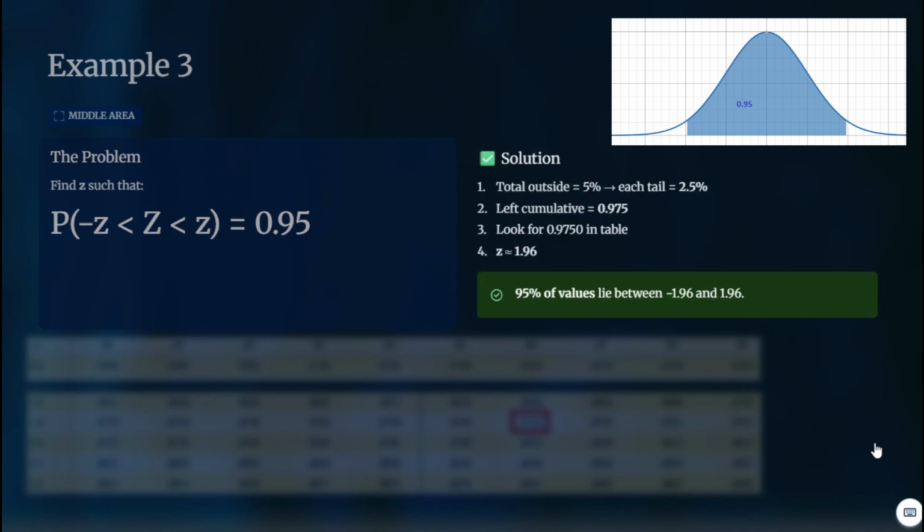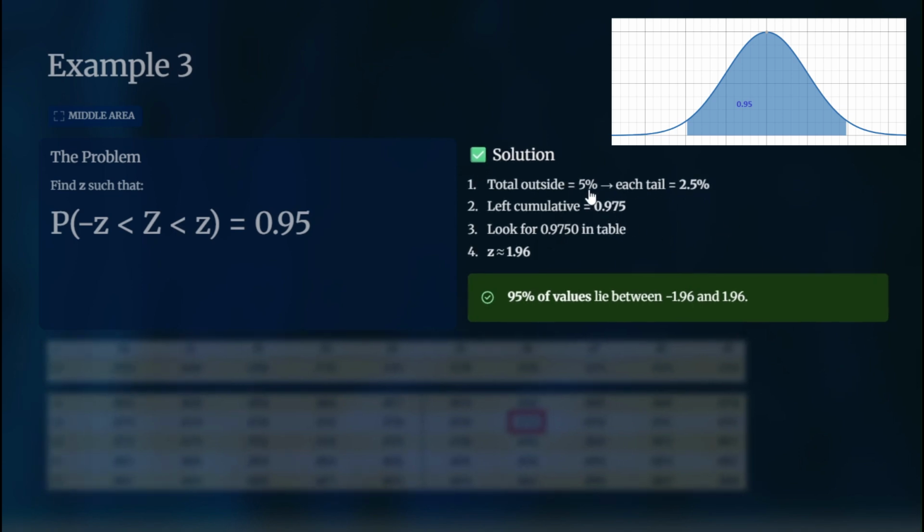Since the total outside is 5%, and we know that the curve is symmetric, in each tail we will have 2.5%, or 5% divided by 2, which is the same as 0.025. So the left cumulative area will be 1 minus 0.025, which would be 0.975.